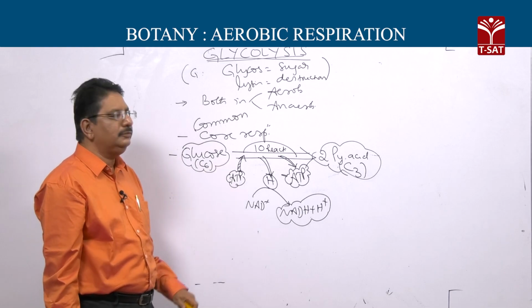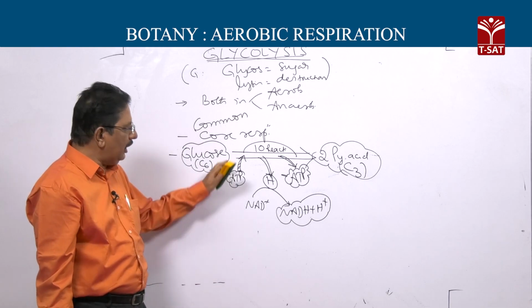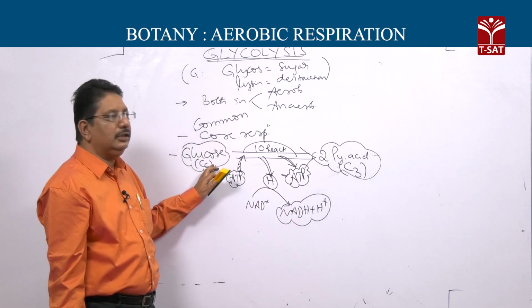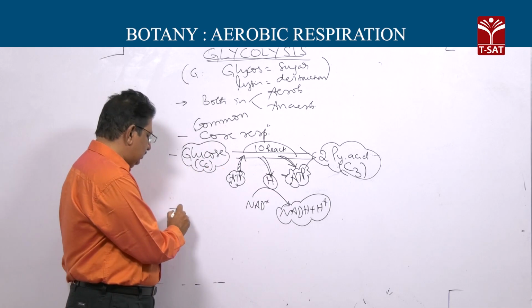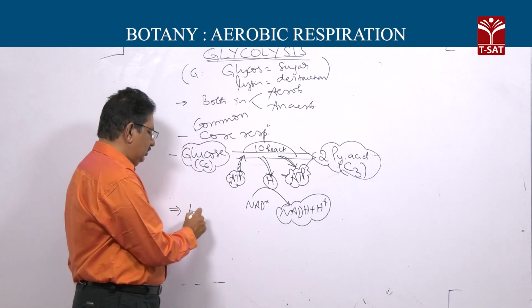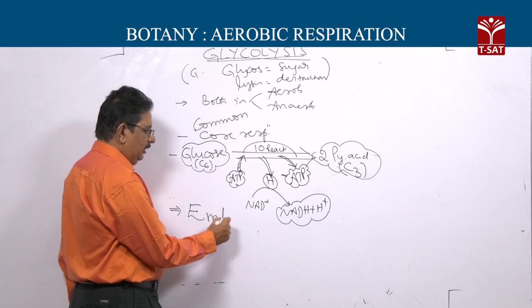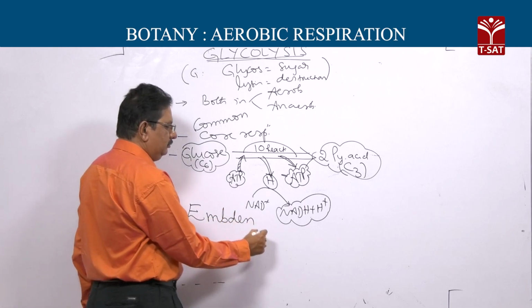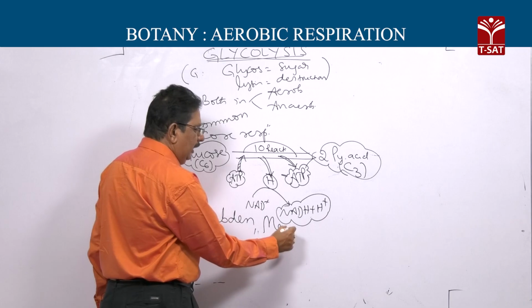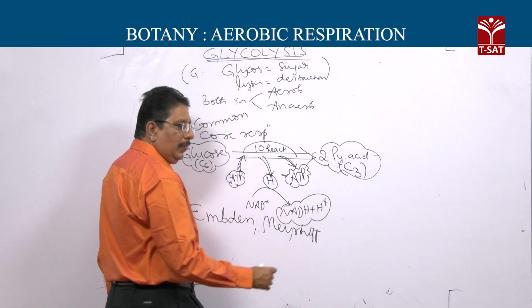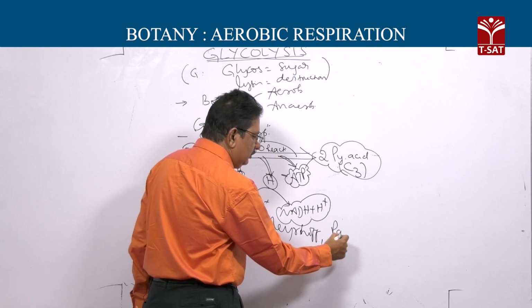All these 10 reactions involved in glycolysis were discovered by 3 German scientists named Embden, Meyerhof, and Parnas.